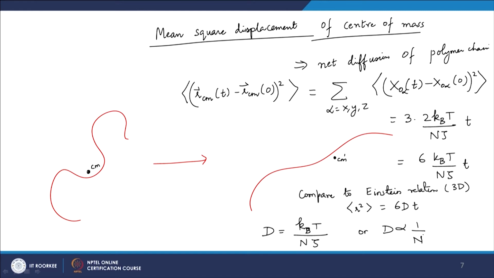That is, if I increase the number of segments, the diffusivity decreases. Although it is qualitatively true, it turns out that the scaling is not perfectly correct. The scaling changes with different solvents, and also due to factors that I call hydrodynamic interactions that we discuss later, and for that we have a model called the Zimm model.